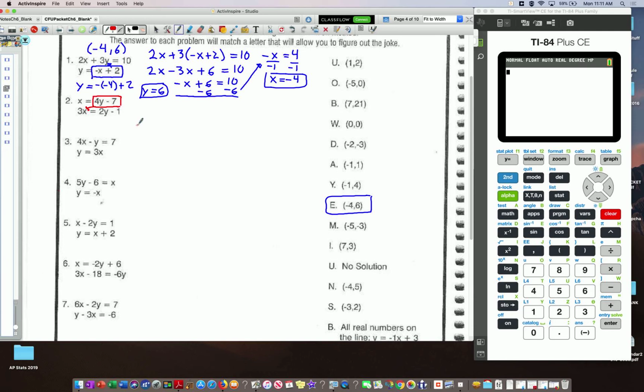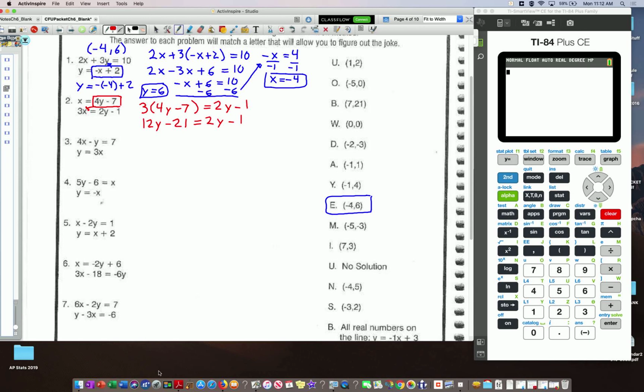So as I plug that in, I have 3 times 4y minus 7 equals 2y minus 1. I distribute. So 3 times 4y is 12y. 3 times minus 7 is minus 21 equals 2y minus 1.